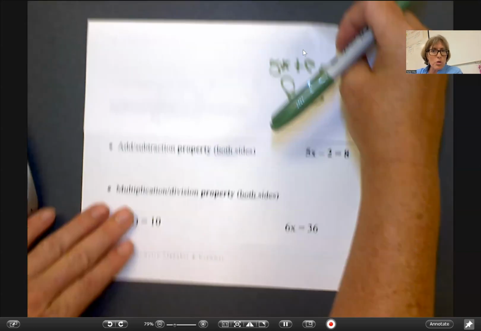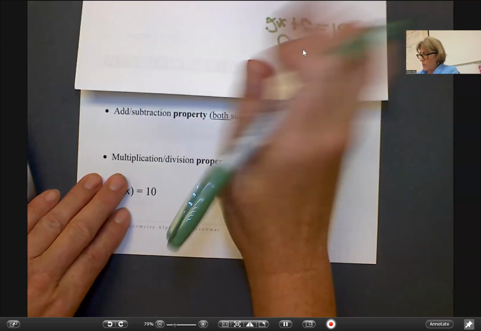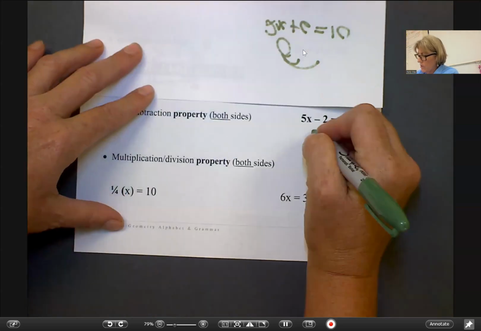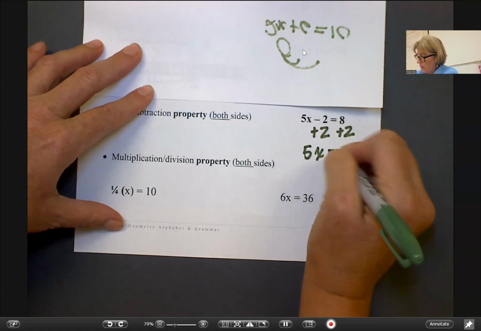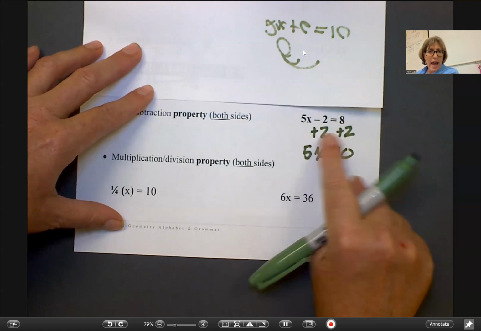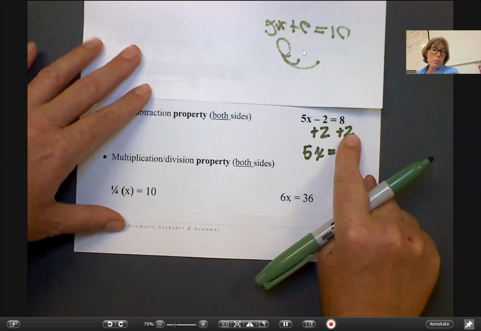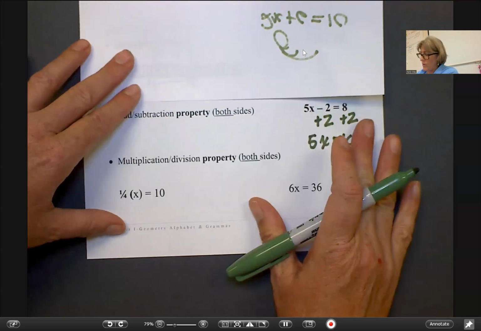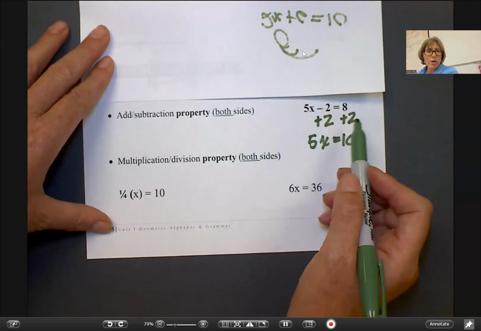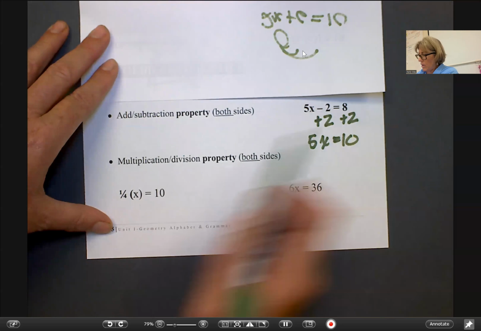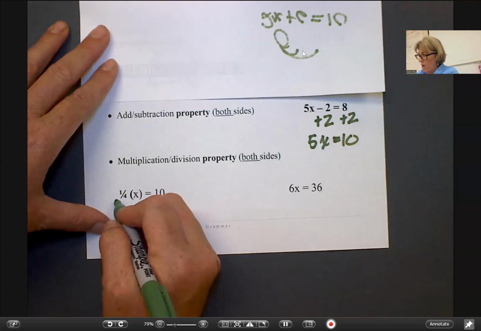Not to be confused with the next two. Watch carefully. I'm solving for x. I'm going to add 2, add 2. Notice I'm adding, or you could be subtracting, across an equal sign. That is called the addition subtraction property. Here, I'm going to solve for x, 1/4.